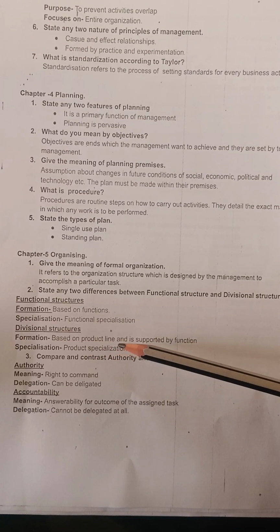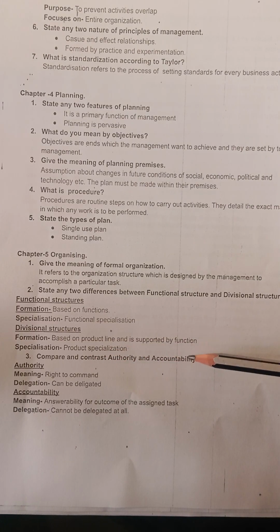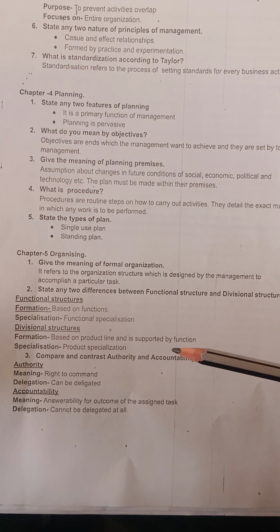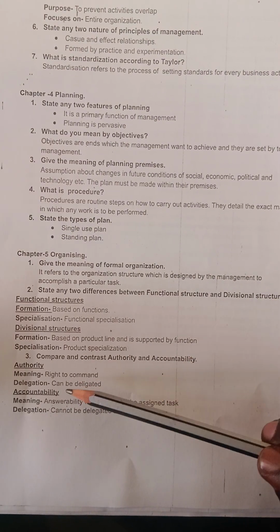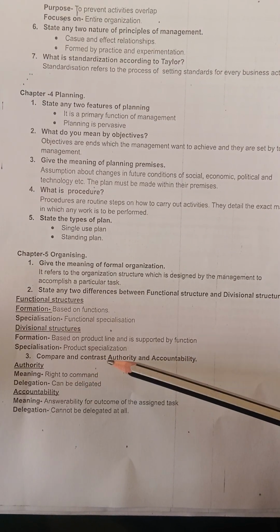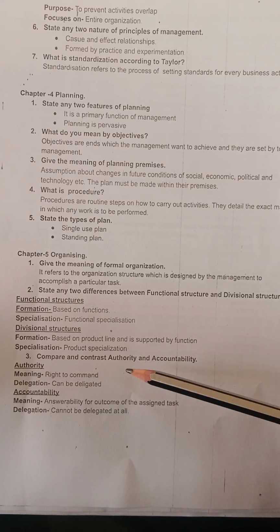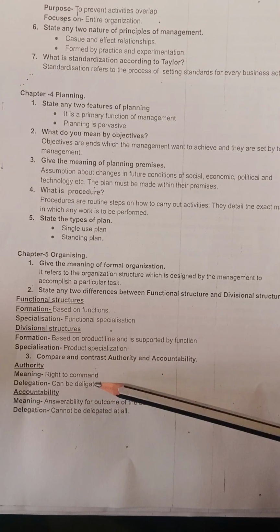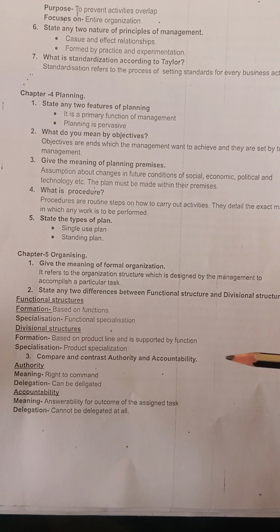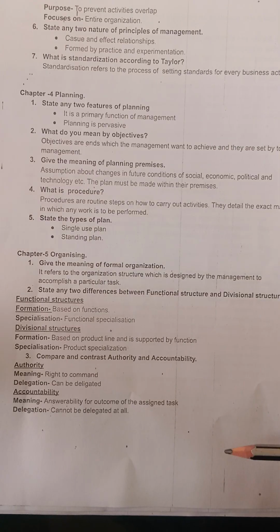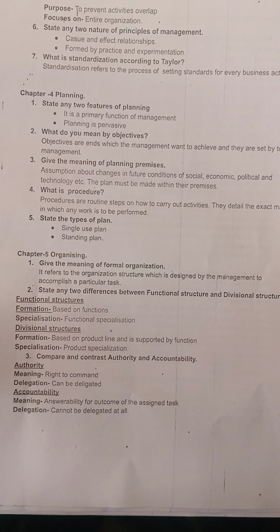Next, compare and contrast authority and accountability. Authority means right to command and can be delegated, and accountability means answerable for the outcome of the assigned task and cannot be delegated at all.